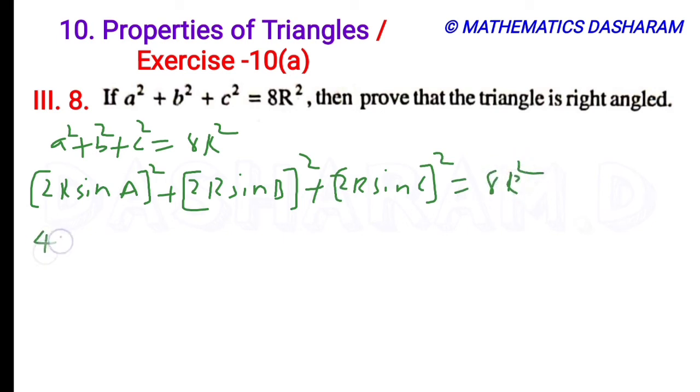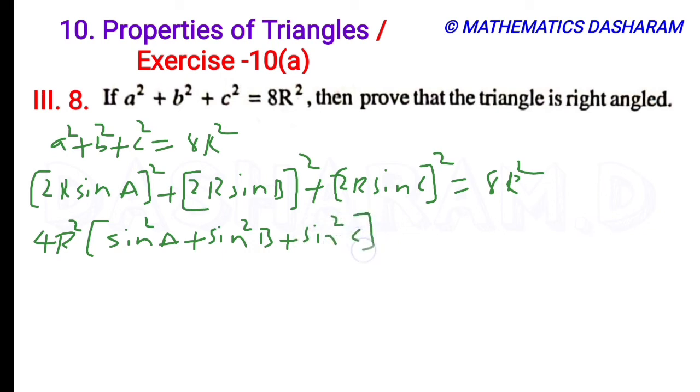So we can take 4r square common from the three terms. Then sine square A plus sine square B plus sine square C equals 8r square by 4r square, 4 ones are 4, 2s are 8, which is 2.